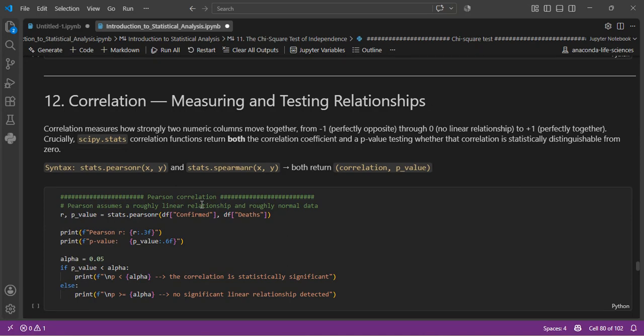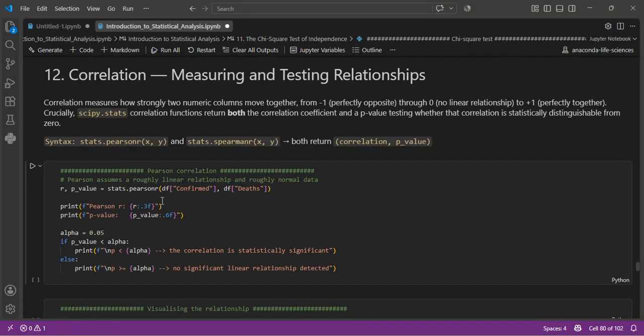We have different types of correlations, the Pearson and the Spearman. This returns a correlation and a p-value. The p-value tells you whether the correlation you got is by chance or is statistically significant.